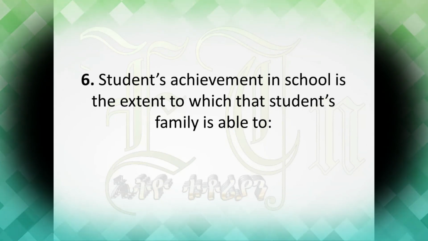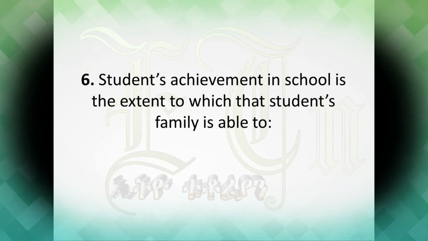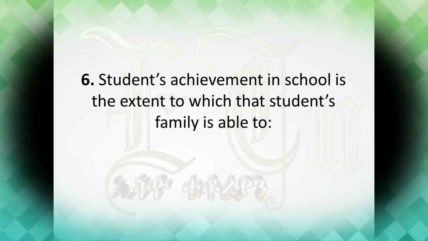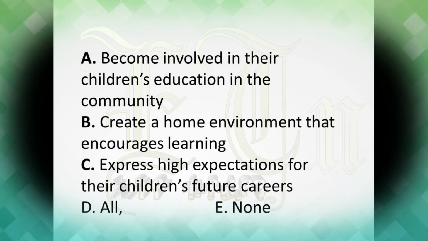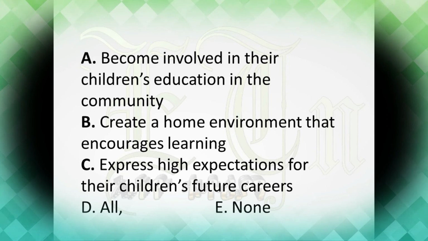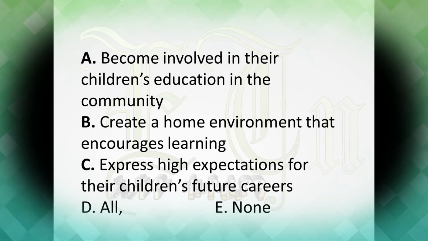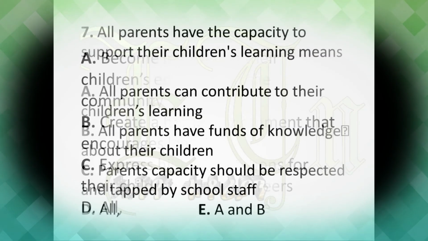6. Students' achievement in school depends on the extent to which that student's family is able to: A. Become involved in their children's education in the community, B. Create a home environment that encourages learning, C. Express high expectations for their children's future careers, D. All, E. None. 7.